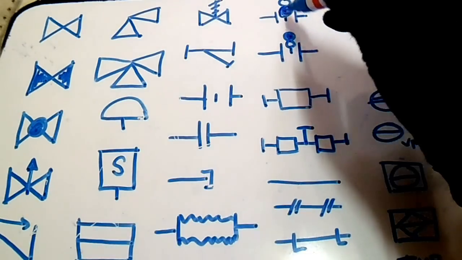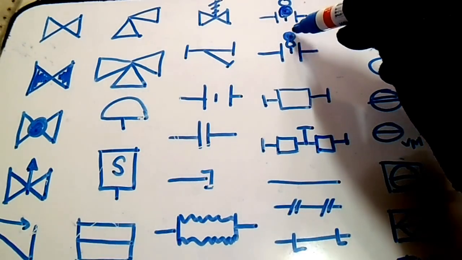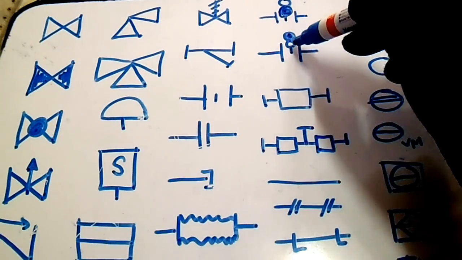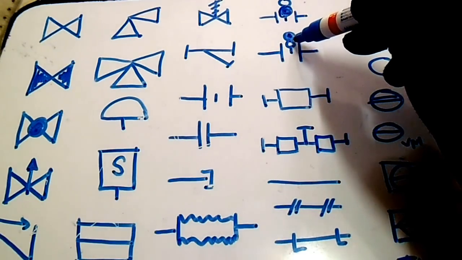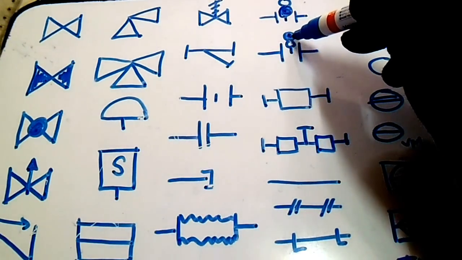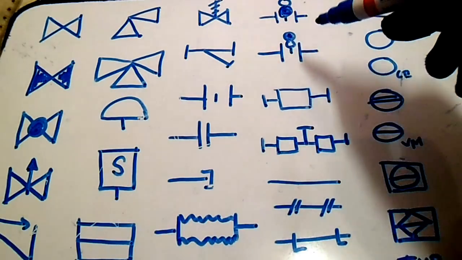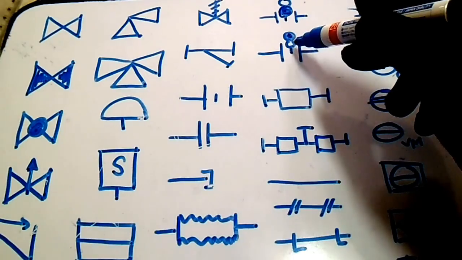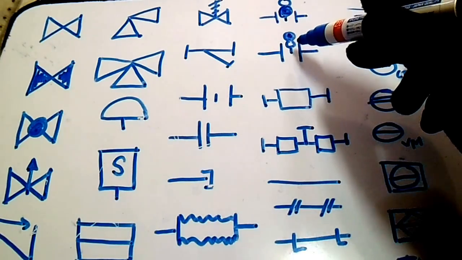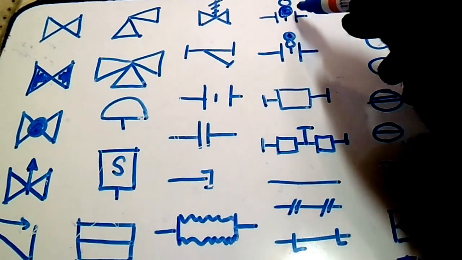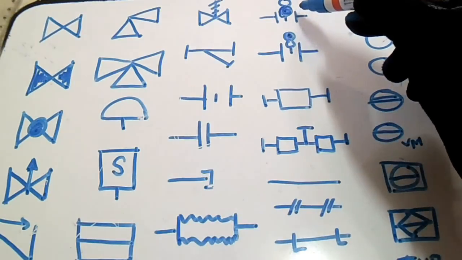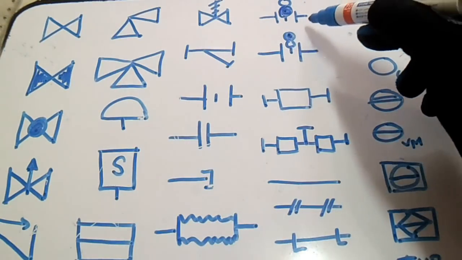So this is a close, and this is the top shadow, this is an open. From the bottom, no, they have no shadow. So this is a spectacle blind open, or reversible blind open, and this is reversible blind close.